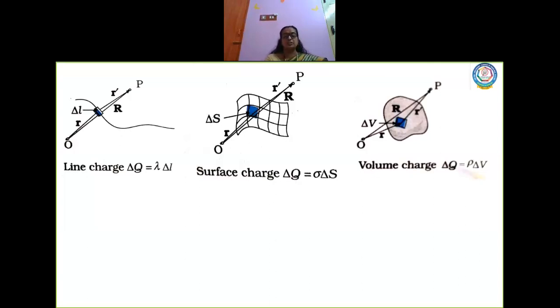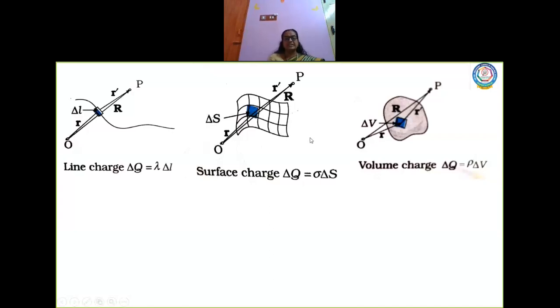Now suppose instead of considering one charge, you divide this surface into small area elements. Let us consider in this small area we have around 4 charges that are continuously distributed. Here it is very easy to find out the surface charge density of this surface, and we can find it out for the entire surface.